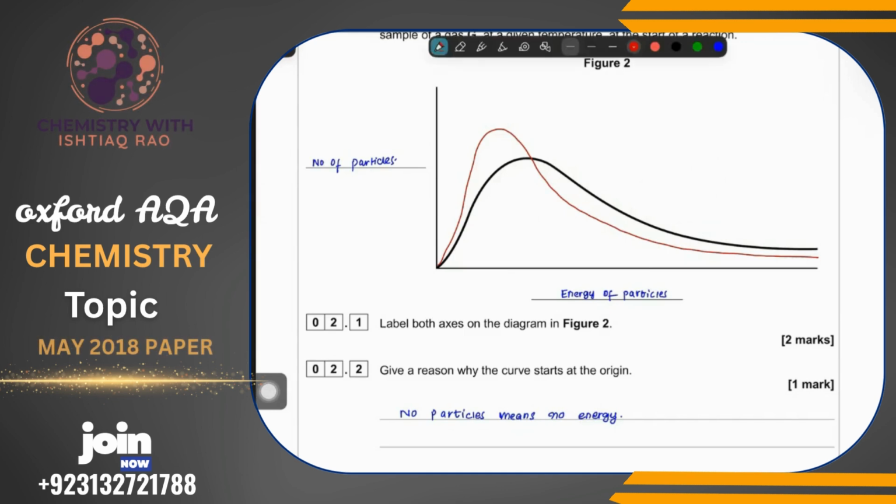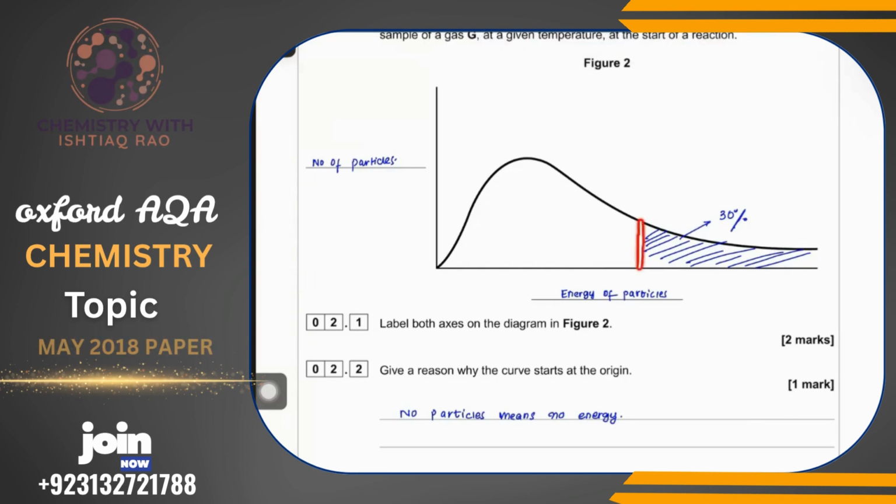Let's say this is the activation energy, and in this shaded area we have 30% particles. Of course, these are the particles whose energy is greater than the activation energy, so they will be reacting with each other.